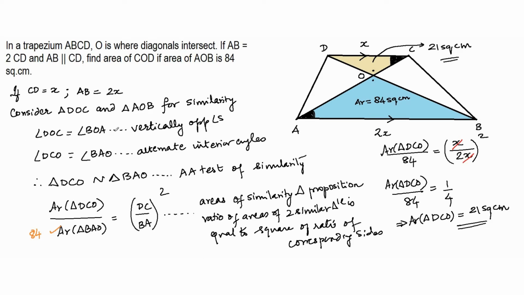So again over here we proved that the two triangles are similar by using the AA test, and then we found the area of triangle DCO using the similar triangles area proposition.